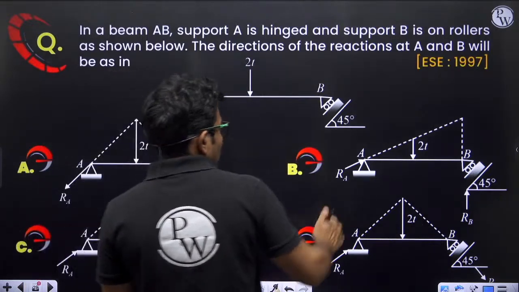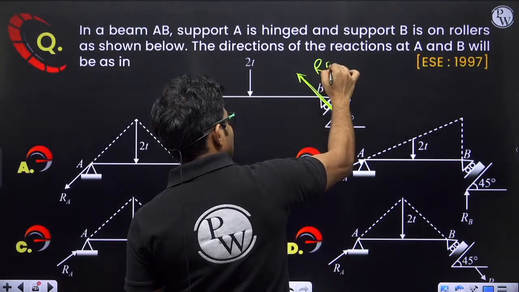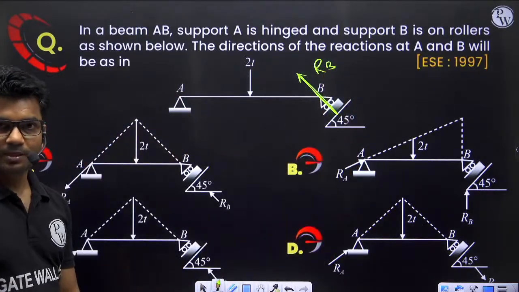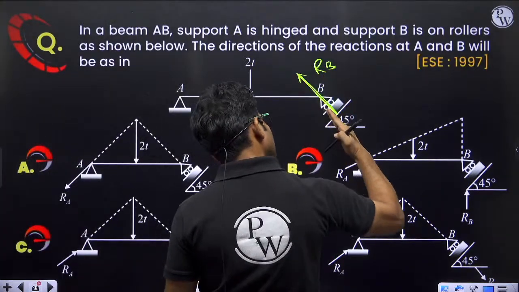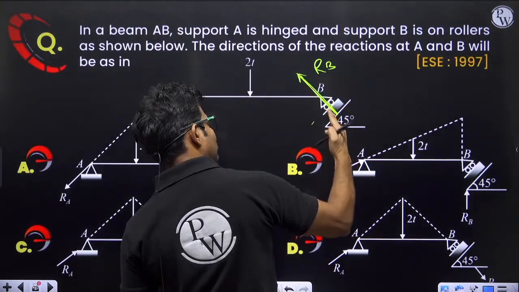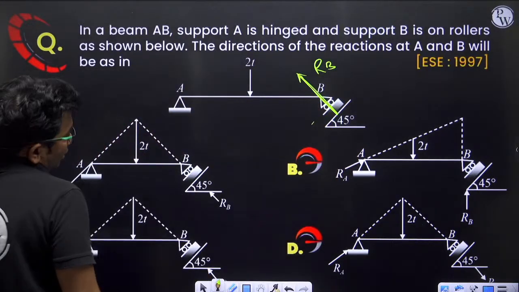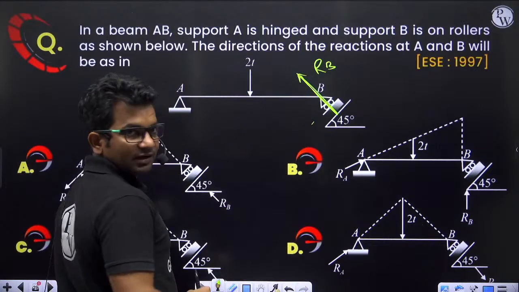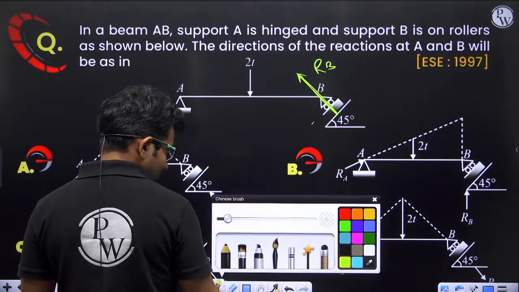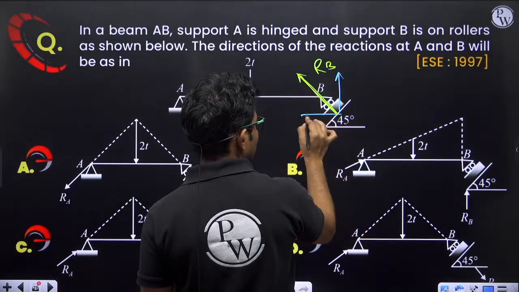Now the support reaction at B will be like this, RB. This will be perpendicular to the direction of roller. Now if RB is like this, it will be having components, one vertical like this, one horizontal like this.